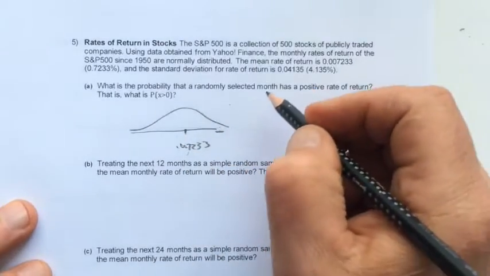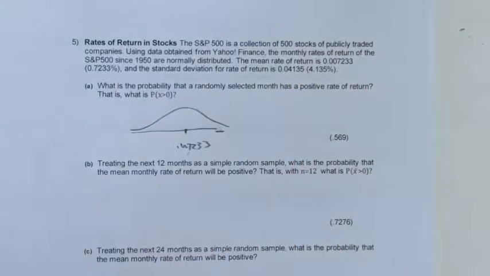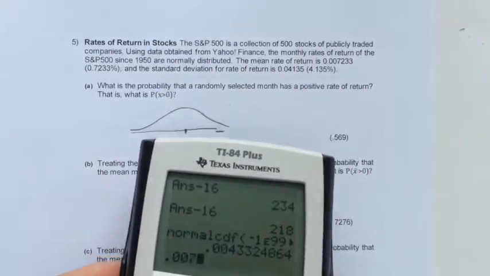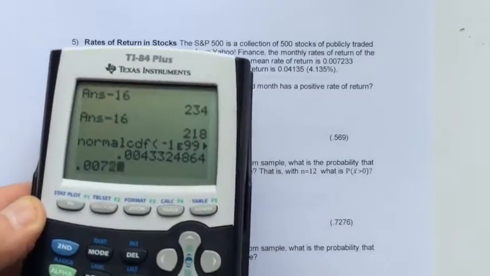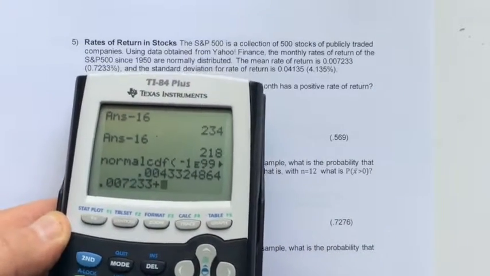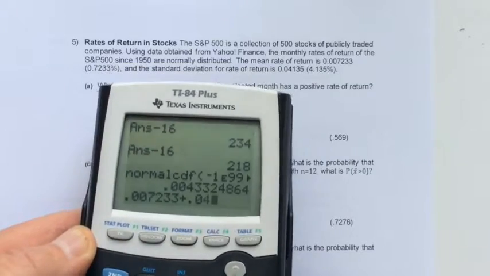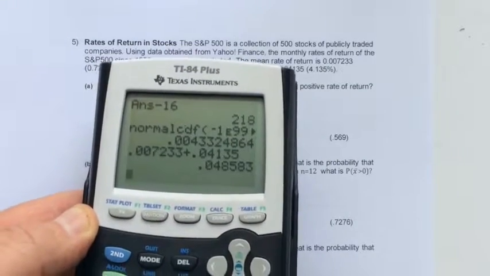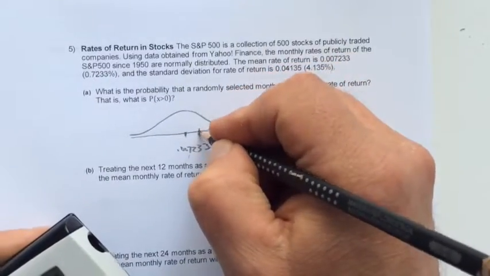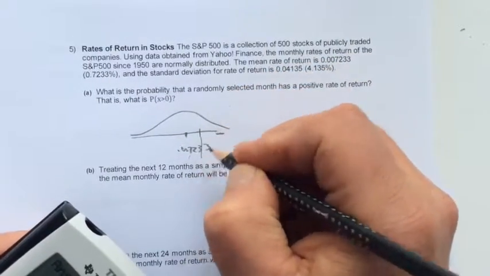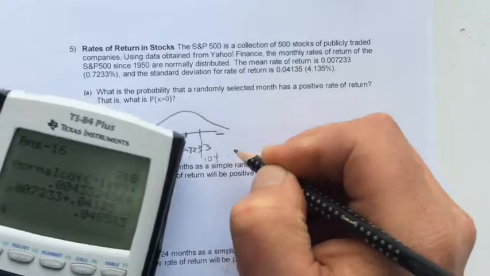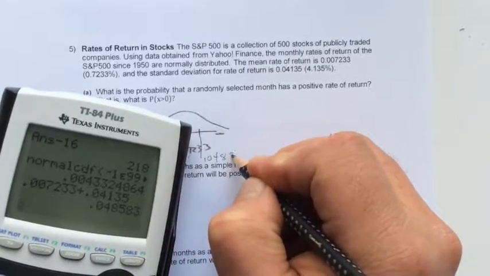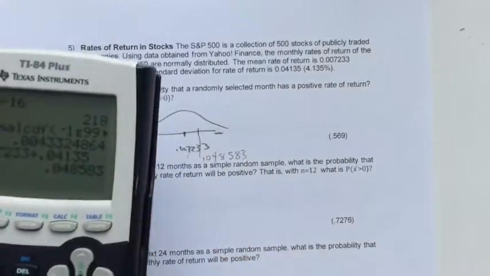One deviation up is 0.007233 plus one step up of 0.04135, so one step up is at 0.048583.